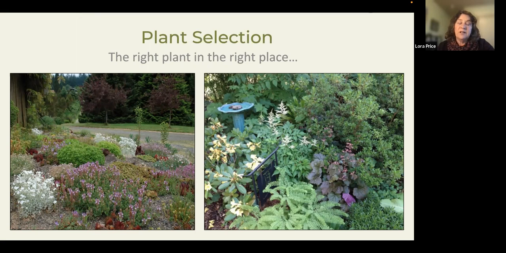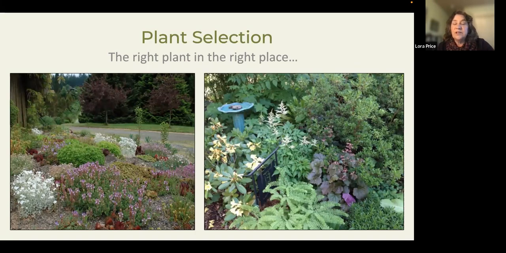They're not all natives. This is a great place to blend in some of the more Mediterranean plants that grow here that are very drought tolerant. They do like good drainage, so a slope is a perfect place for that, where it will drain down the slope.